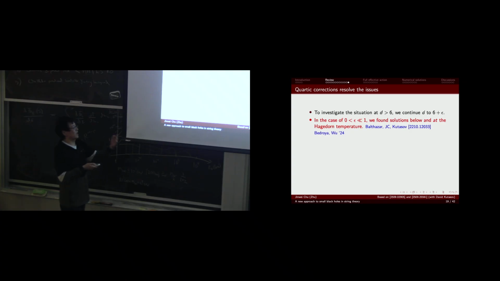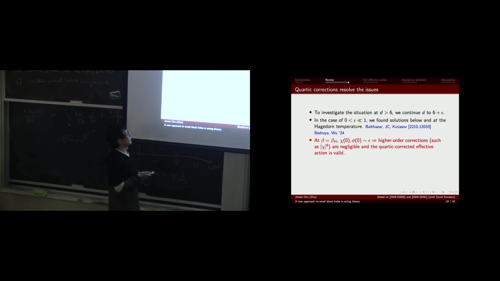In particular, at the Hagedorn temperature, the field values, for example at the origin, chi 0 and phi 0, scale as epsilon. So as long as epsilon is small enough, the fields are still very small, and that's why the higher order corrections, such as chi to the 6, are negligible, and it's okay for us to just study the quadratic corrected effective action.